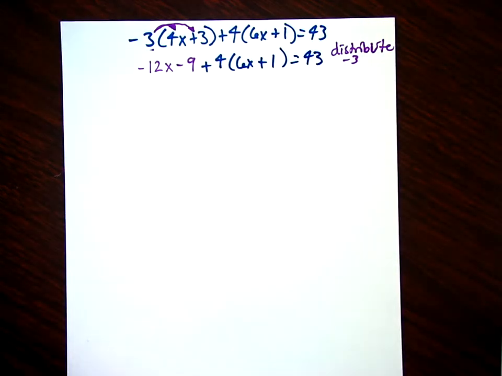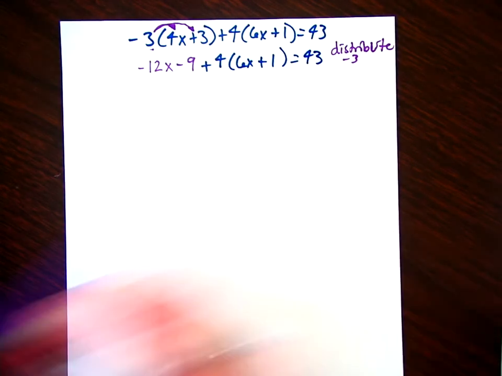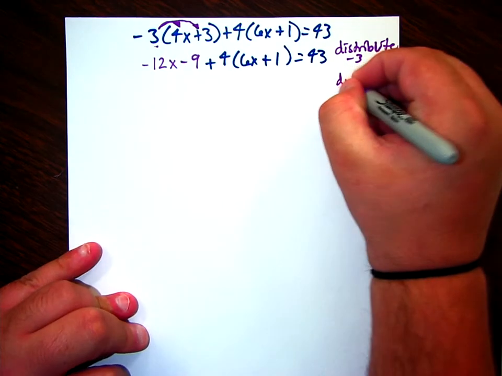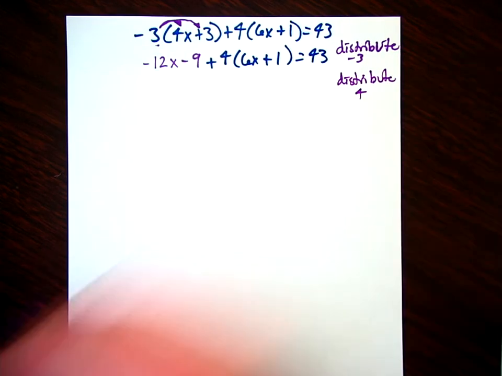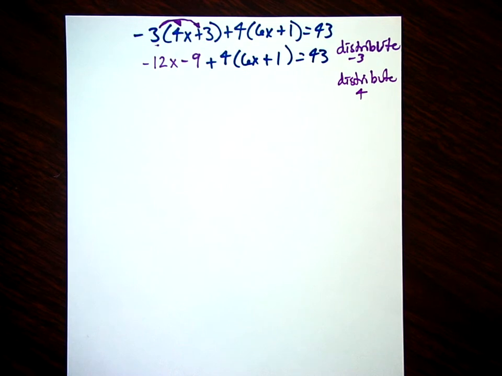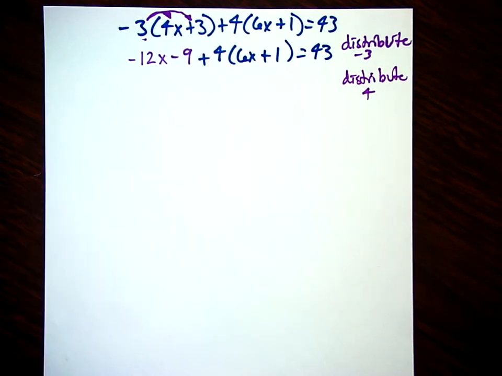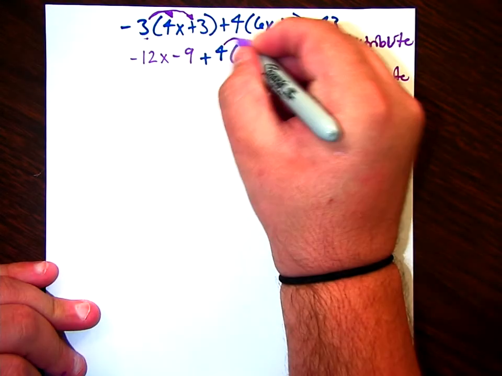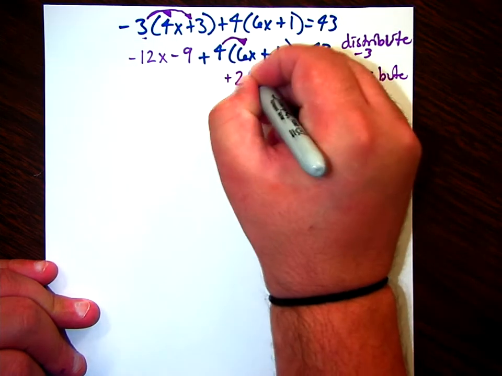Now let's look back at step number 1 because we still have parentheses. So we have to distribute again. We're going to distribute the 4 this time. So now, positive 4 times 6x, that's plus 24x.